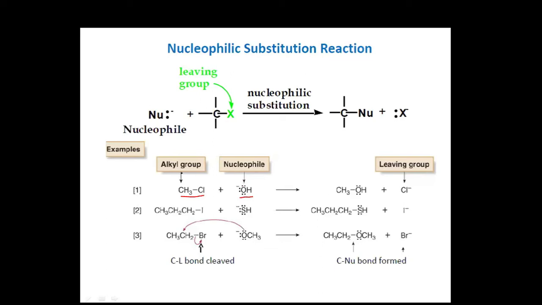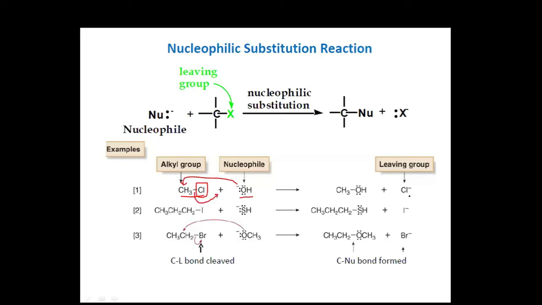So we have the alkyl group and the nucleophile. The nucleophile prefers to attack the carbon carrying the leaving group, which in this case is Cl. OH minus attacks the carbon, the bond between C and Cl breaks, and Cl leaves as Cl minus.